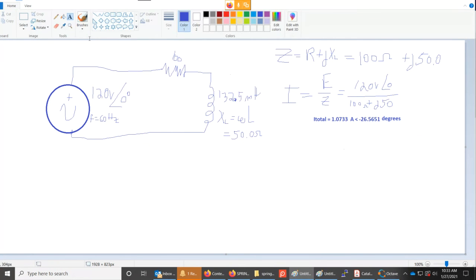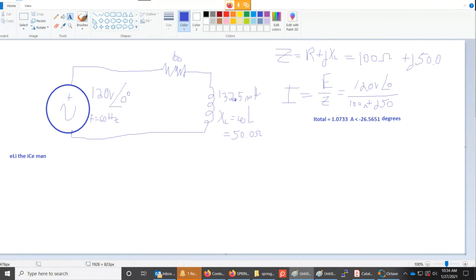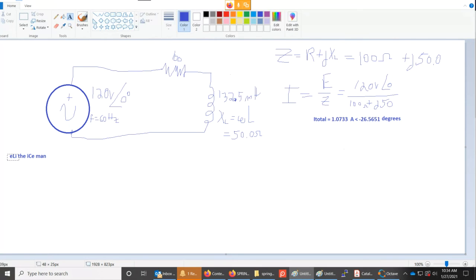Notice that it's negative because, again, remember ELI the ICEman. We have an inductor. The voltage was at 0, so the current is going to have a negative angle because the current is behind.